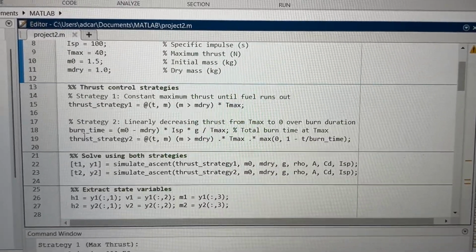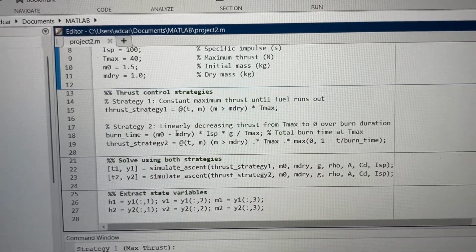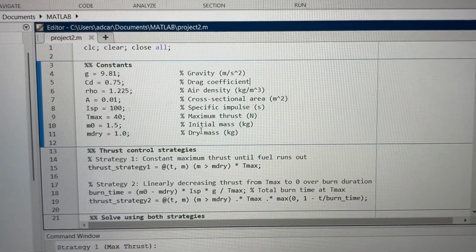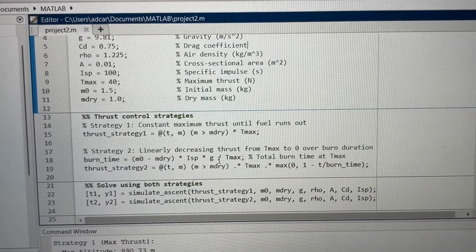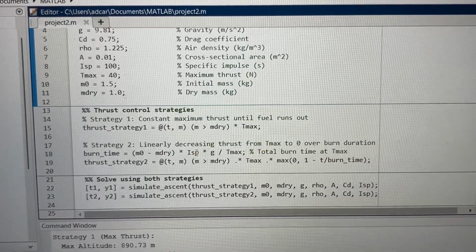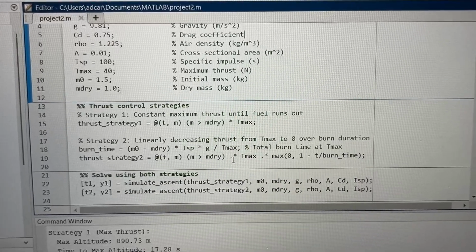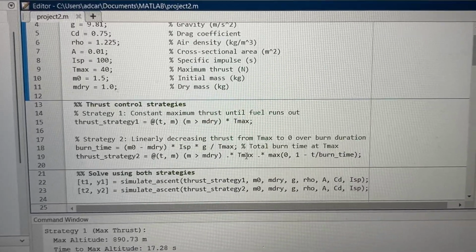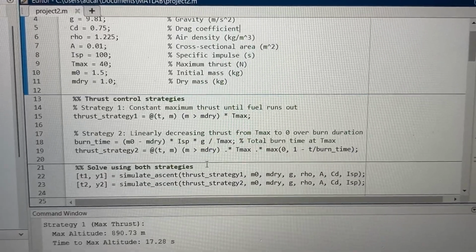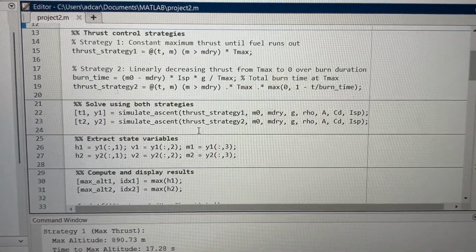I did that by making my burn time, subtracting my masses together, times the initial specific impulse, times gravity, and then divided all that by the max thrust. Then I put that into another @ function, multiplied by Tmax times max of everything divided by the burn time. And then I used this here to solve using both strategies.